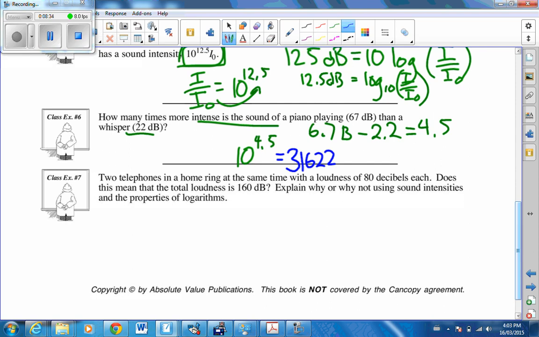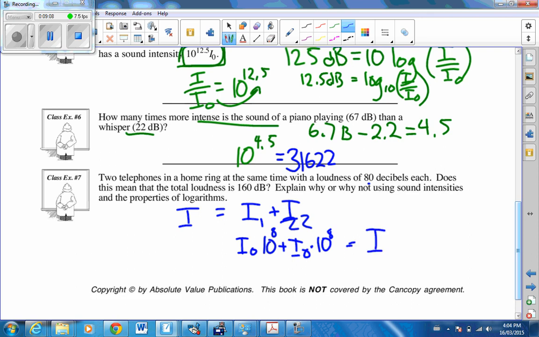So I1 plus I2 would add together, and the intensity is going to be I naught times 10 to the 8, because that would be decibels, plus I naught times 10 to the 8th.